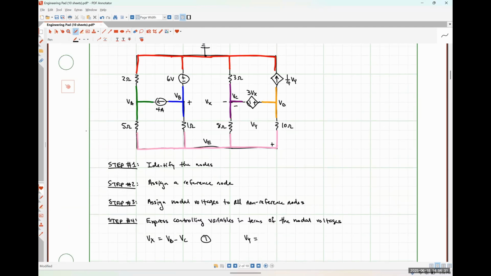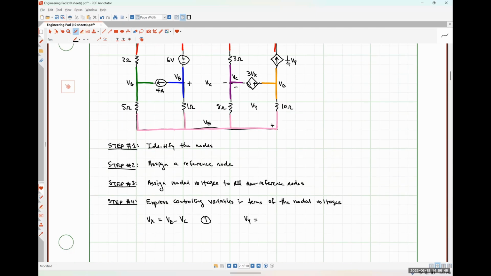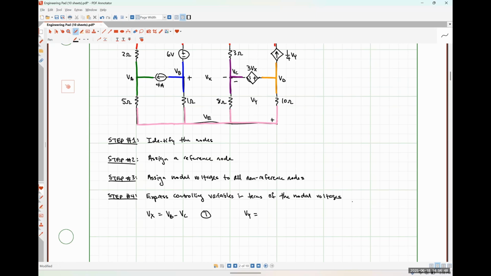Somebody else tell me what our equation for Vy should be, please. VE minus VC. Exactly right. Thank you so much. All right, so there is our second equation.